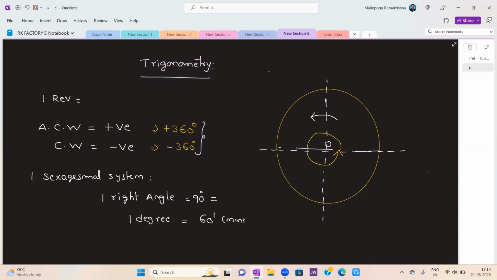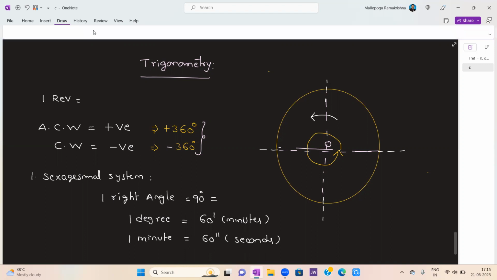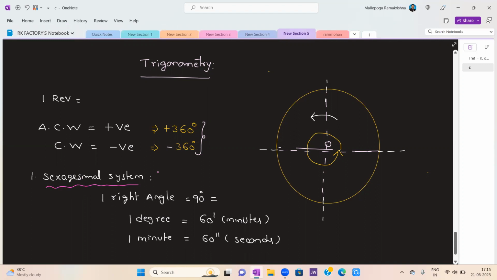A minute is represented with one dash, like 60 dash. And what about 1 minute? It is going to be 60 seconds. Seconds are represented with a double dash. This is one kind of system to understand the magnitude of that rotation.